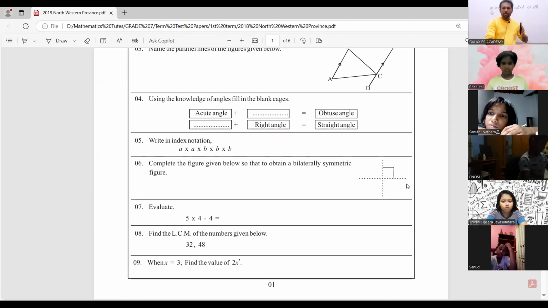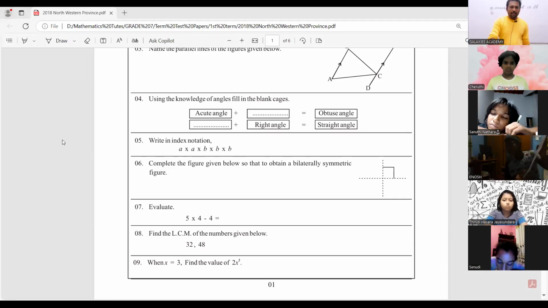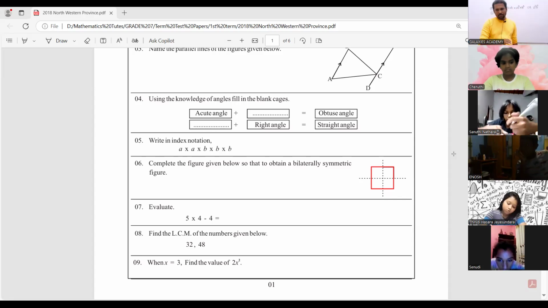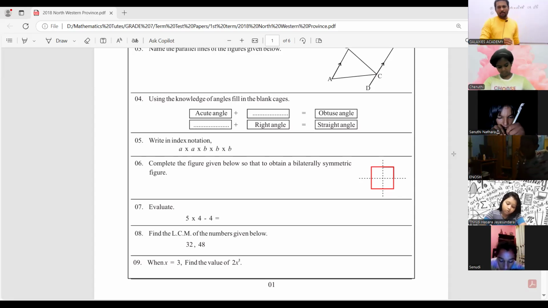That means two symmetrical axes are given. So how can you complete this one? After completing this one, your final diagram should look like this. Like a square shape you have to draw, no?